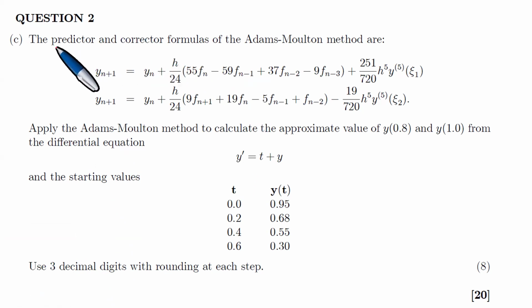Now we are doing what we call the predictor-corrector formulas of the Adams-Moulton method. So what are the predictor-corrector formulas? We need to learn these and make sure we know them. Normally they are given in the exam, but it will help to master them and know them off by heart.